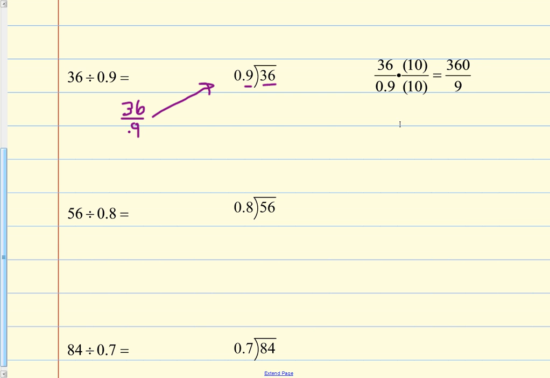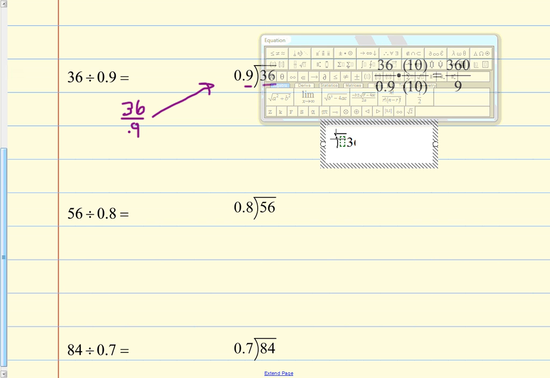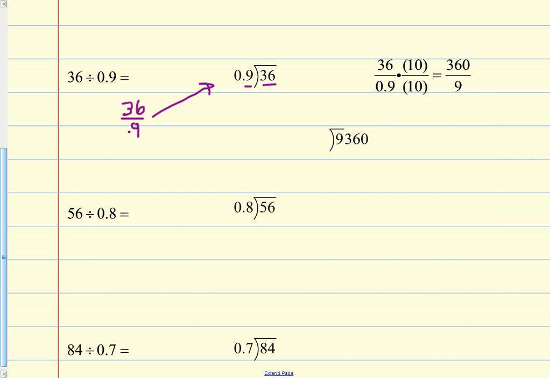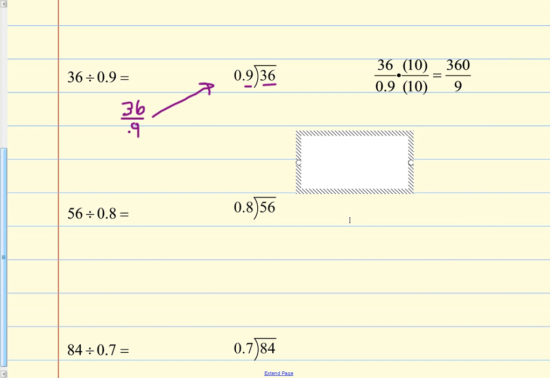Instead of showing it as 36 divided by 9 tenths, I can write it as 360 divided by 9. And that's a problem that we can do.